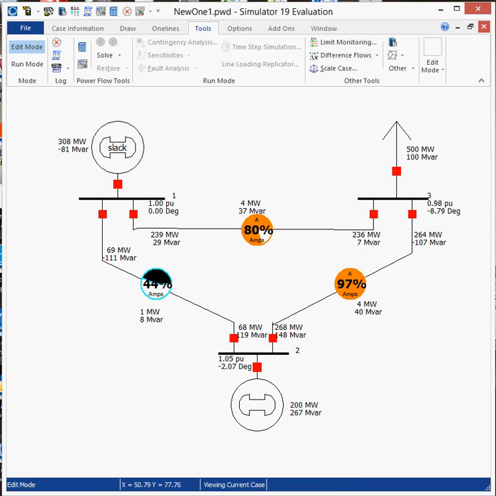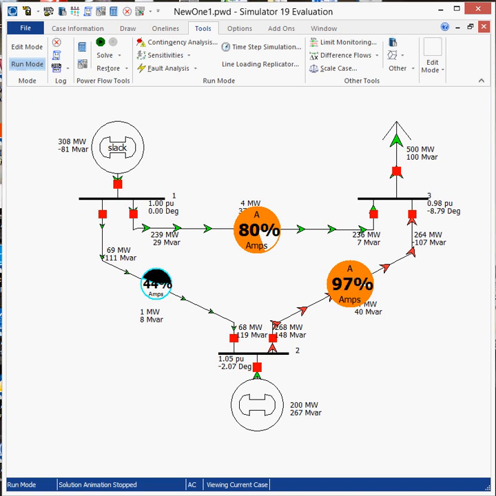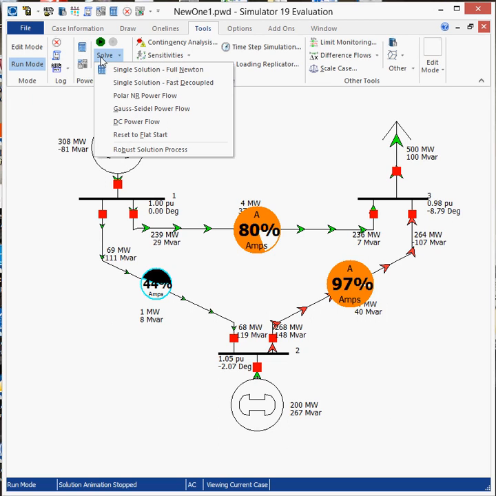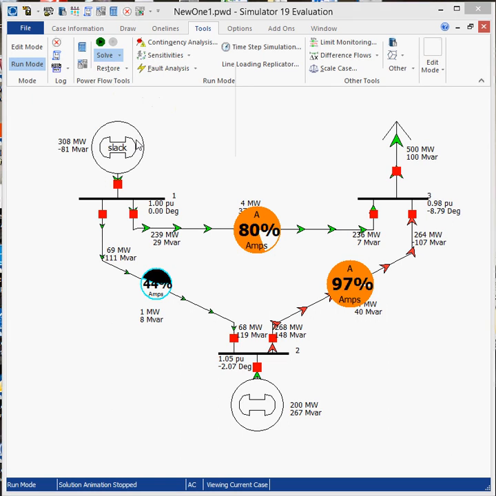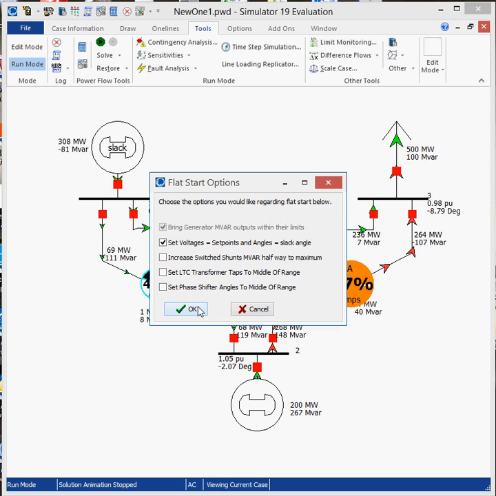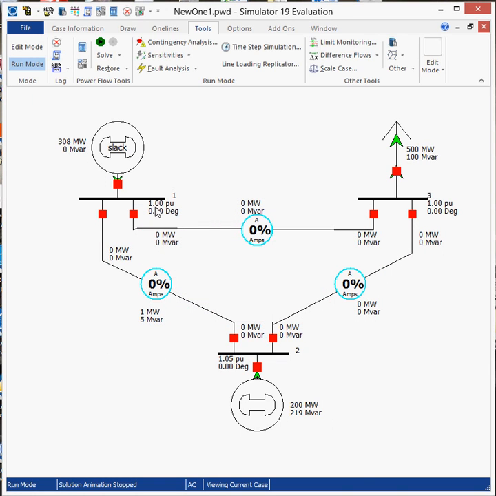Okay, so to perform the load flow, you need to click on run mode. So you need to apply the flat start. So reset all to flat start, means that all the voltage magnitudes and angles will be equal to 1 and 0.